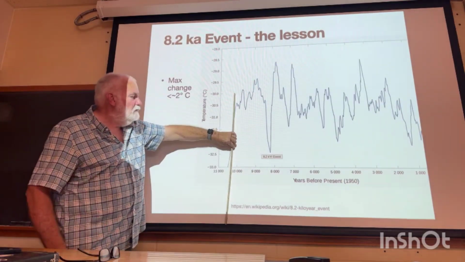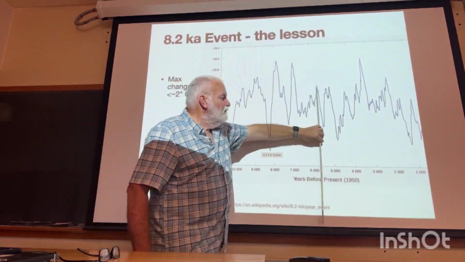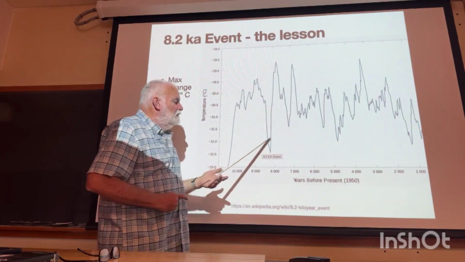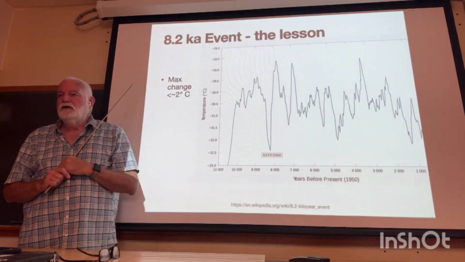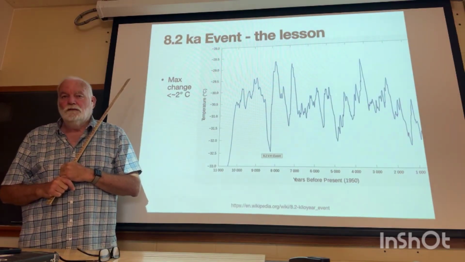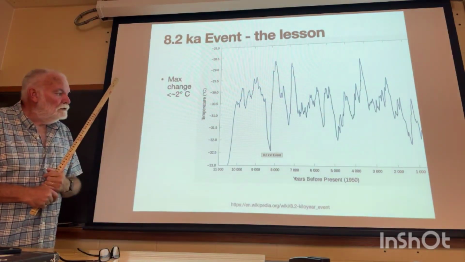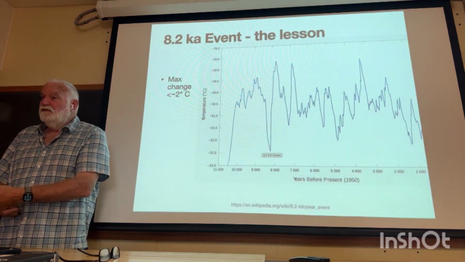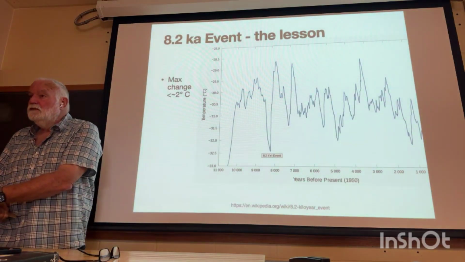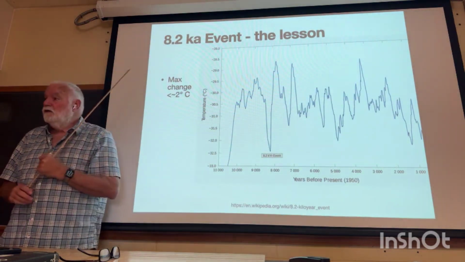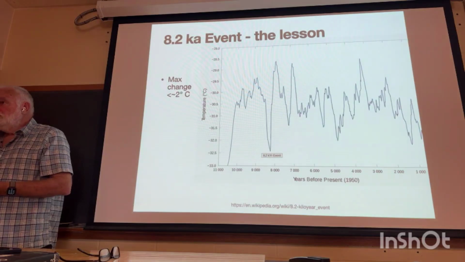It gets its own lesson. We went through some variations over time, but the biggest variation in the last 10,000 years is this drop at 8,200 years ago. And it's basically expressed as a cold event through most of the places. So one of the questions we might ask, if we do it for a different reason, but it shuts the circulation off, is that going to give us a cold event in the future?